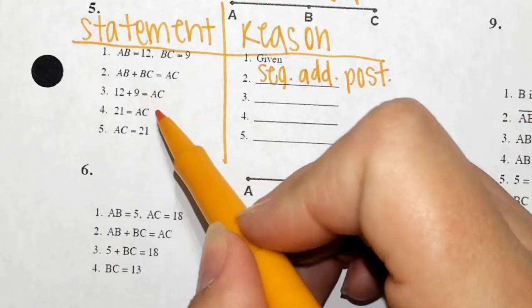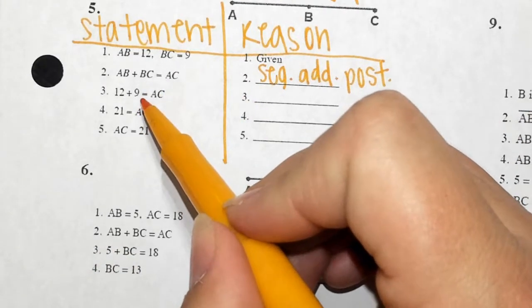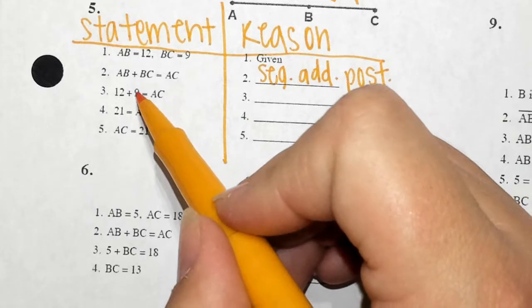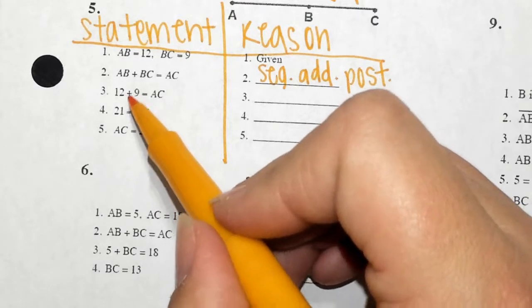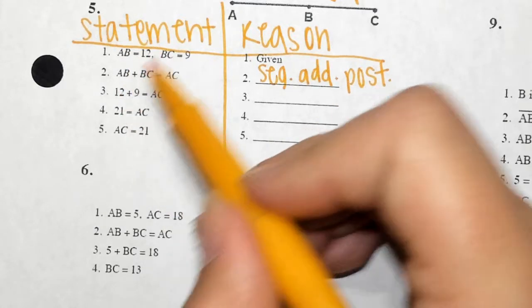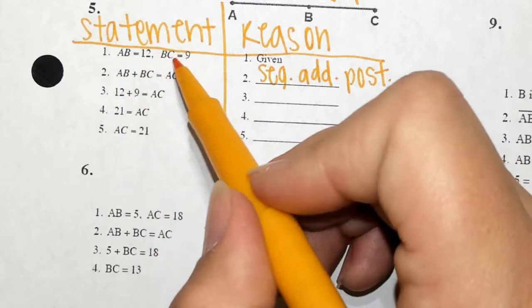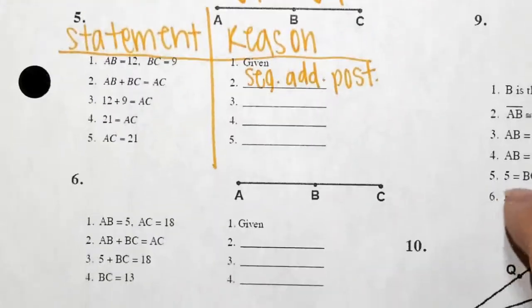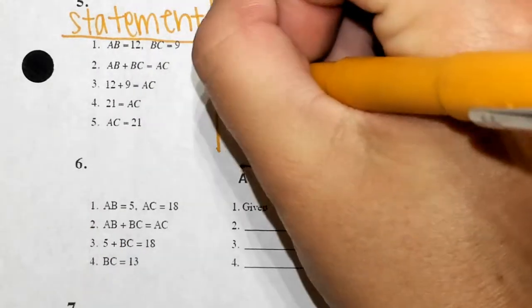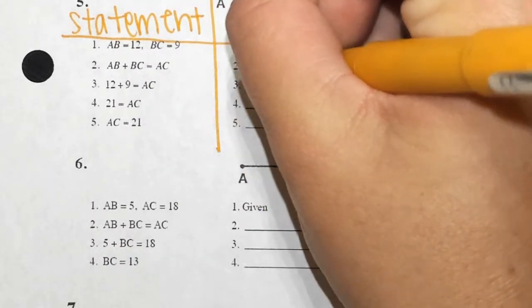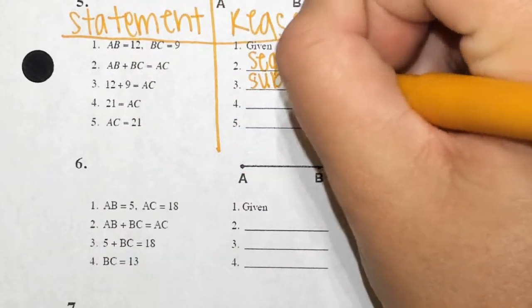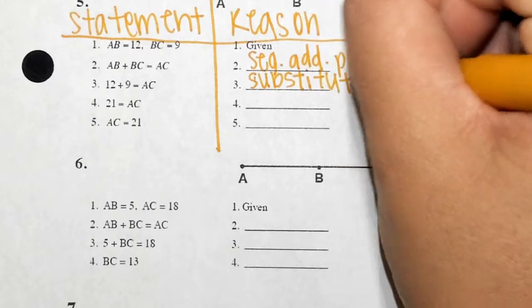What happened between 2 and 3? Substitution. You see, they plugged it in. Plug it in, plug it in. So whenever you plug it in, that's substitution. So that's number 3. You should know the rest.